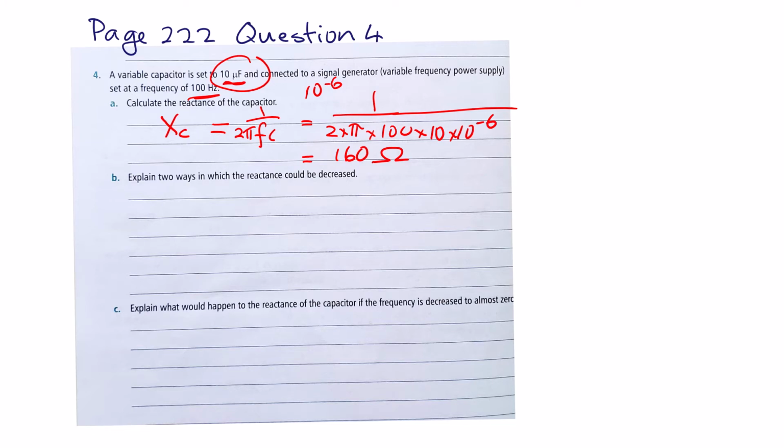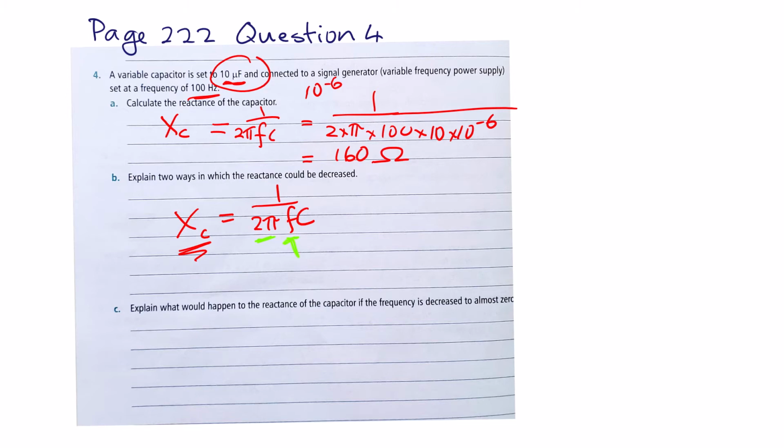Explain the two ways in which the reactance could be decreased. Okay, so here is our formula for reactance, and we want to reduce the reactance. We want to reduce the impedance, that resistance, as it were, of the capacitor. Looking at this formula, 2 and pi are constants. We can't change those.